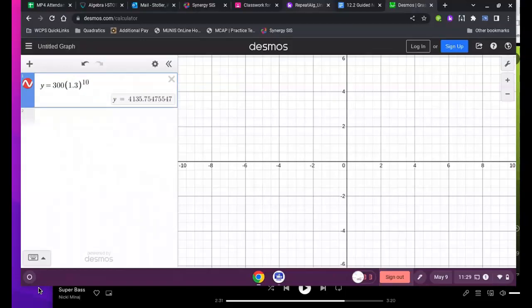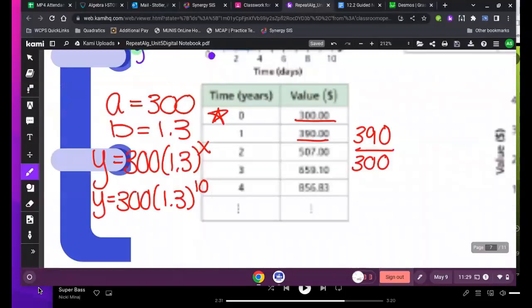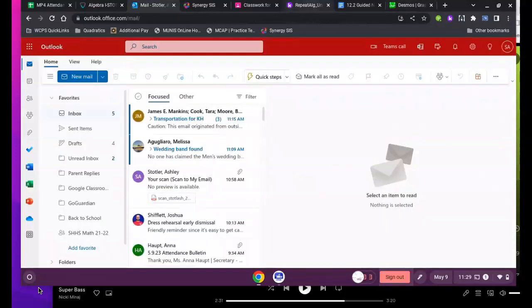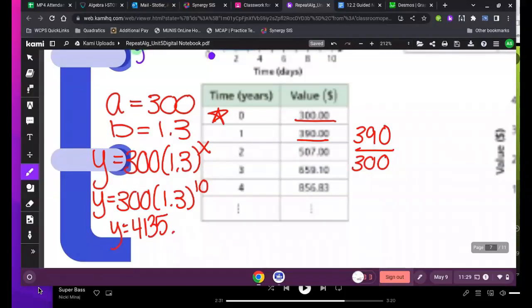And I get 4,135.75. So this is the answer that I get when I plug it into Desmos.